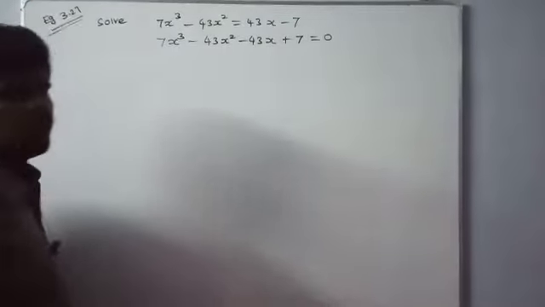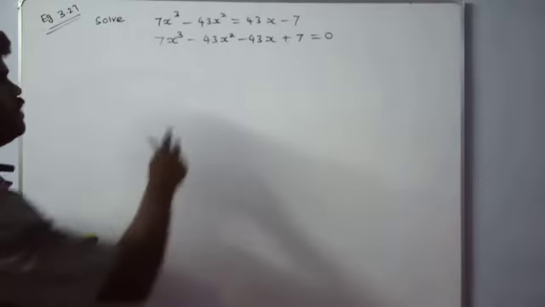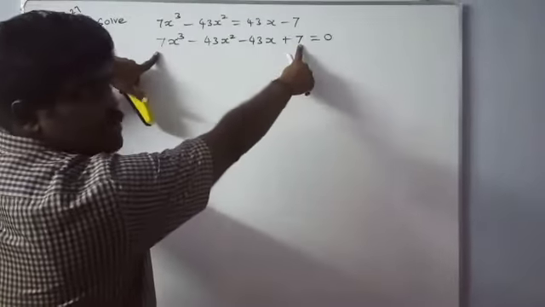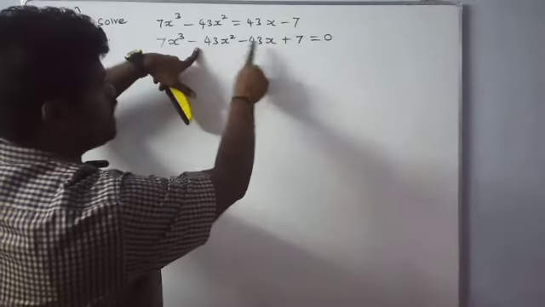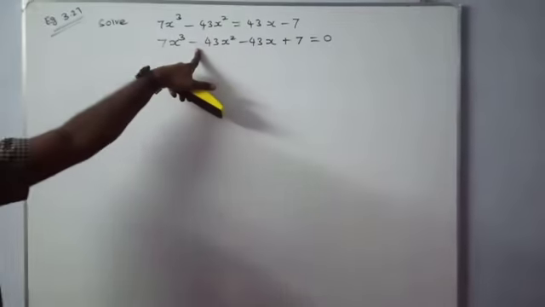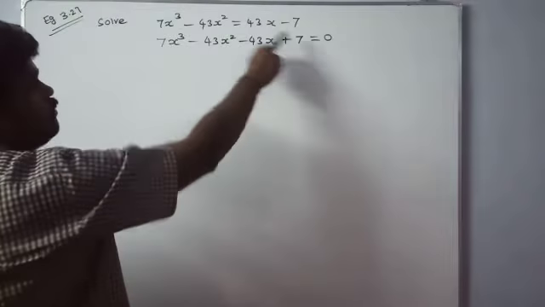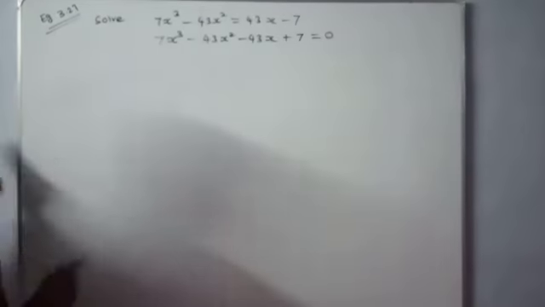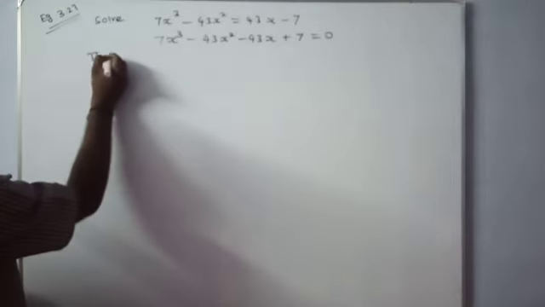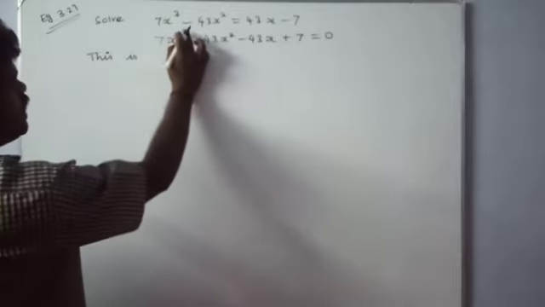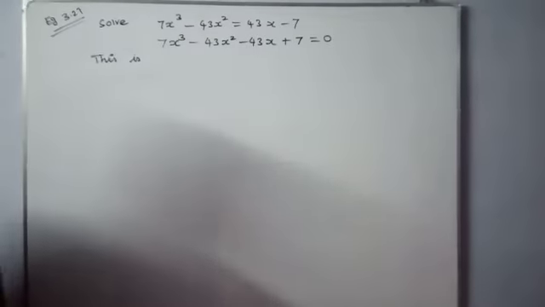This is the reciprocal equation of type 1. How to find it? Here 7 and here 7, same number. Here minus 43, here minus 43. Okay? Right. So 7, minus 43, minus 43, 7. This is the odd degree, here power 3. So it is odd degree.